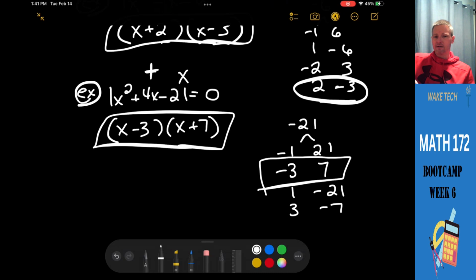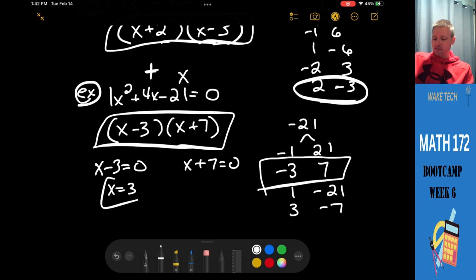Questions about how we factored it? If we're talking about an equation, then once we have these factors, we would set each one of them equal to 0 and solve for x. So x minus 3 equals 0 tells us x equals 3. x plus 7 equals 0 tells us x equals -7.